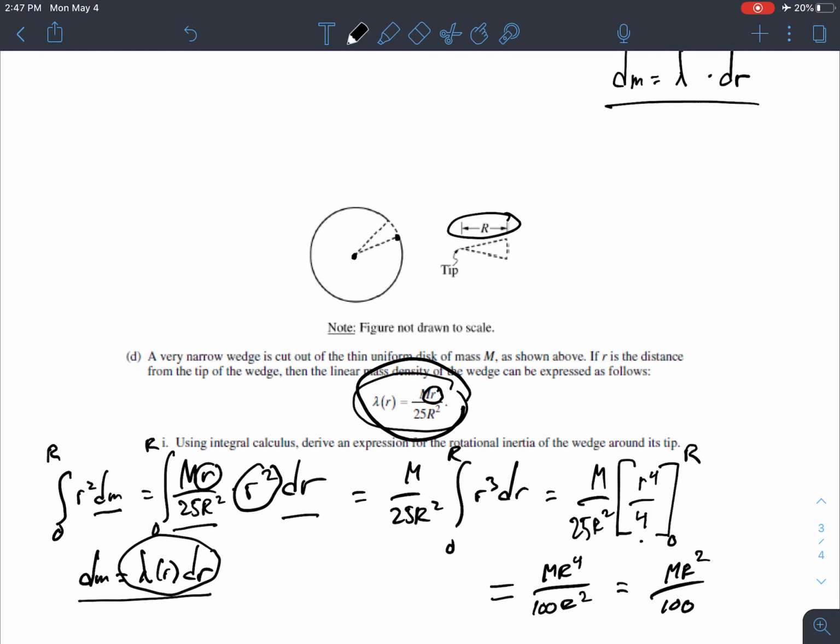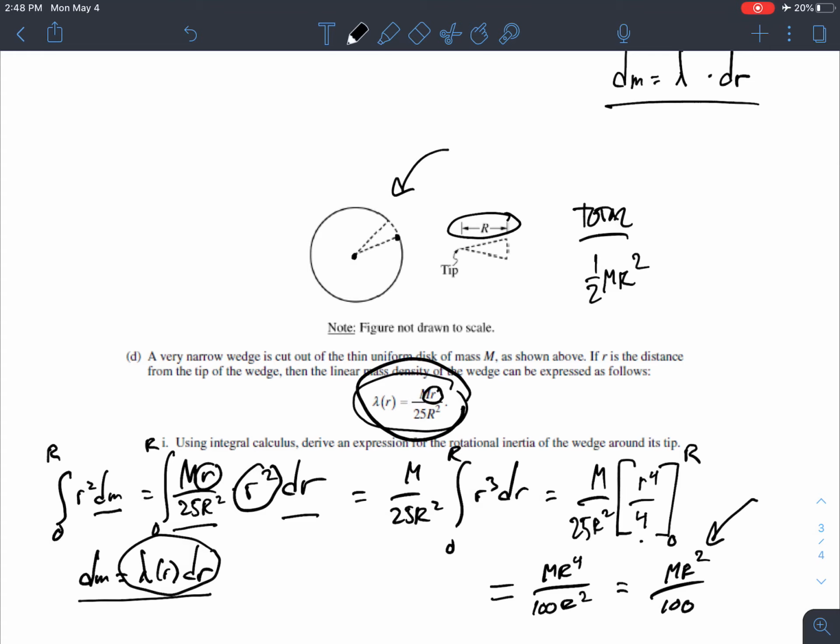A couple of comments about that. You should get some constant times an M R squared. You have to get something that is dimensionally correct for being a rotational inertia, so some kind of ML squared or MR squared with some constant. And in retrospect, if this is a disk of mass M and radius R, and it was a uniform disk, then the total of the whole thing would be 1/2 MR squared.